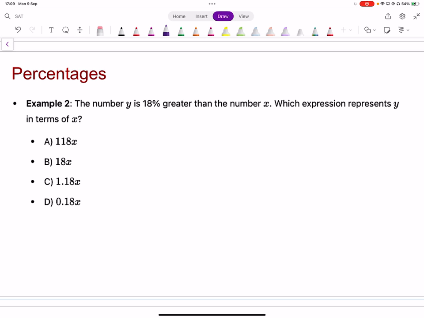Should be C, right? You increase x by 18%. How do you do that? Multiply it by 1.18. And that will increase x by 18%. So y should equal 1.18x. That is C. All right?